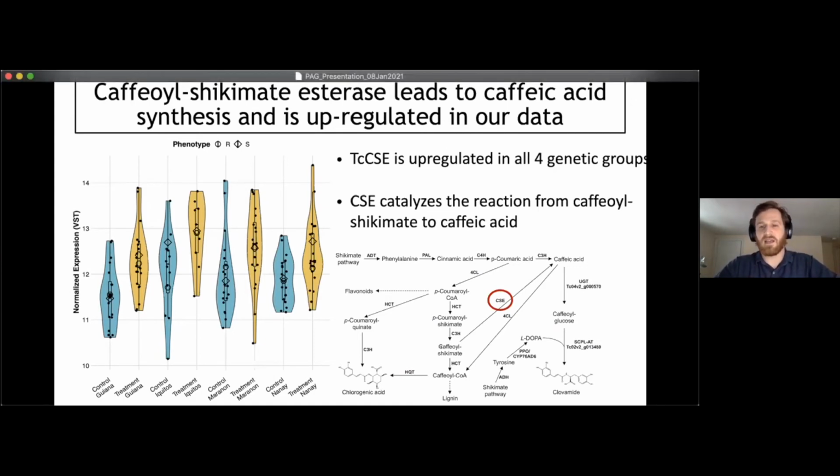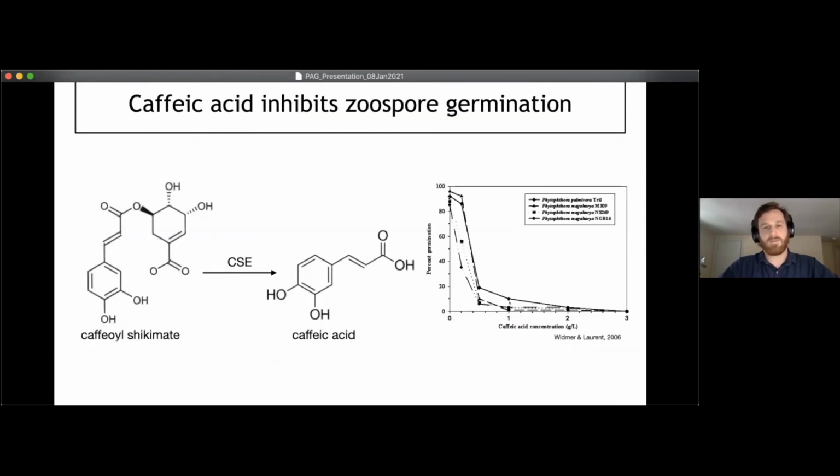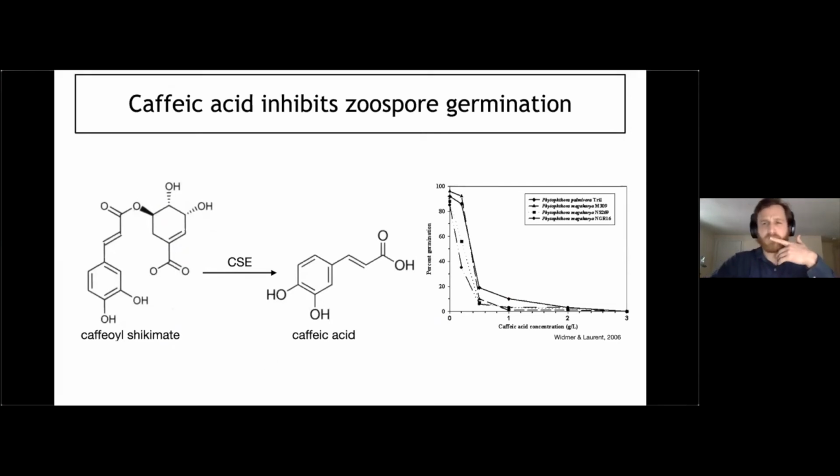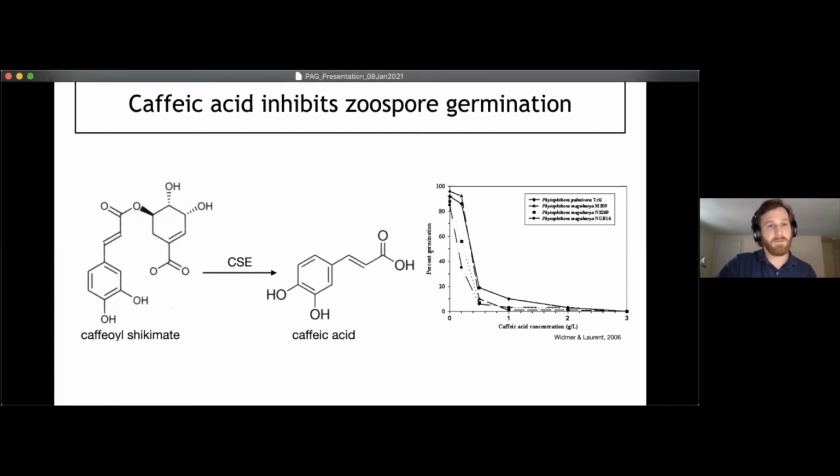And then secondly, CSE leads to caffeic acid accumulation. I'm showing you here, CSE is highlighted by that red circle, and it catalyzes this reaction from caffeoyl-shikimate to caffeic acid. And caffeic acid is interesting because it has been shown to inhibit zoospore germination for both Phytophthora palmivora and Phytophthora megakarya.